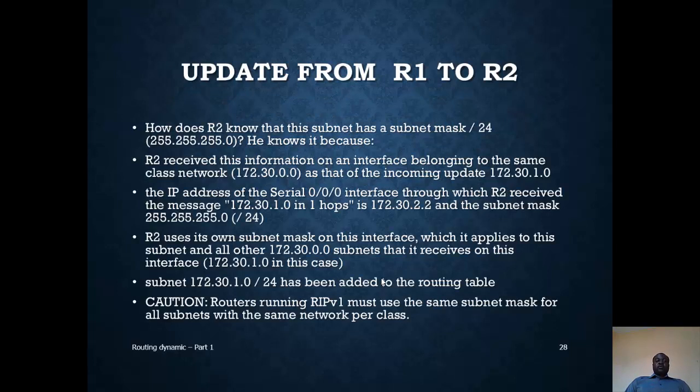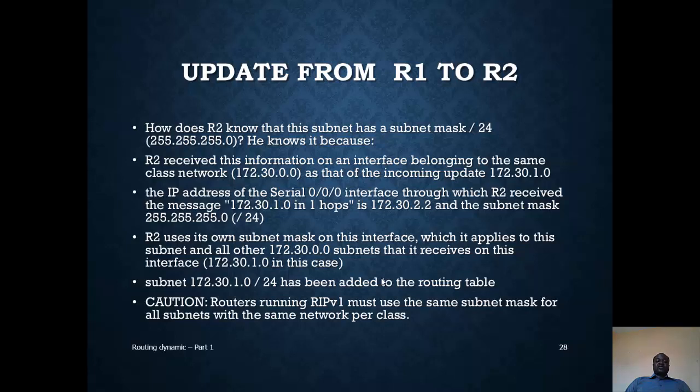So, update from router 1 to router 2. How does router 2 know that this subnet has a subnet mask of 24? It knows it because router 2 receives this information on an interface belonging to the same class network as that of the incoming update.